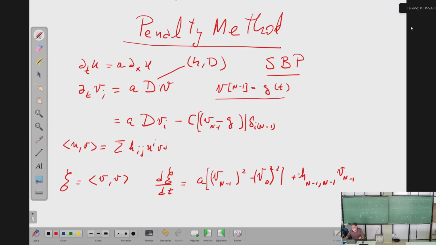I mean, it entered twice, right? So there is a 2 here, and then there is a minus C, this one, and here we have B n minus 1 minus G, okay? This is a boundary term.